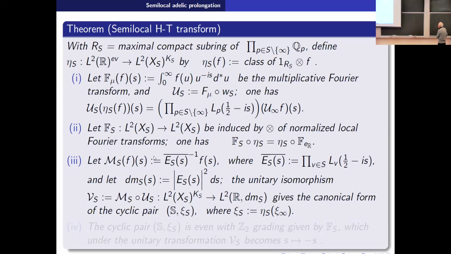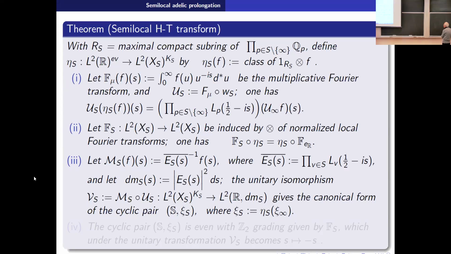Okay, now we need another factor. I call it M_S, but it's E bar of s, inverse of something. E bar means conjugation. We'll see the reason I put a bar a little bit later. So let's take it as a notation.